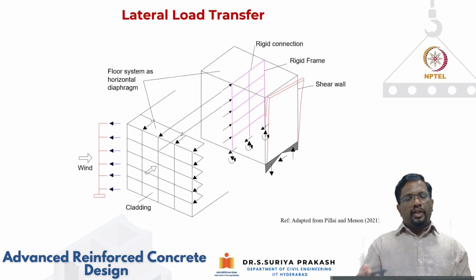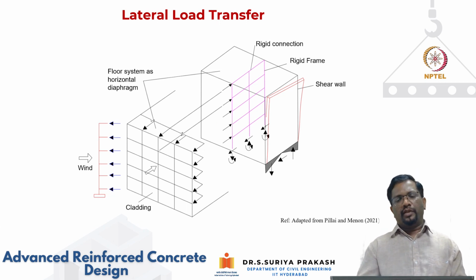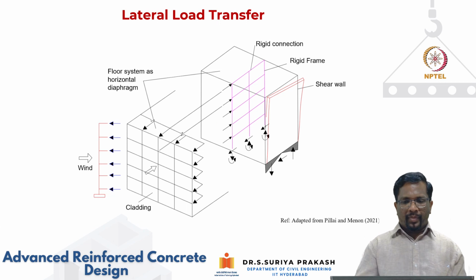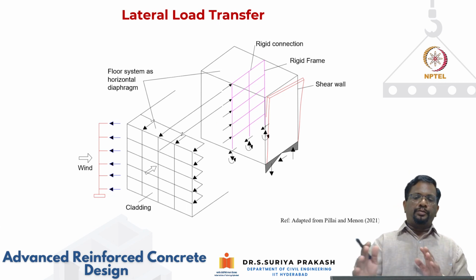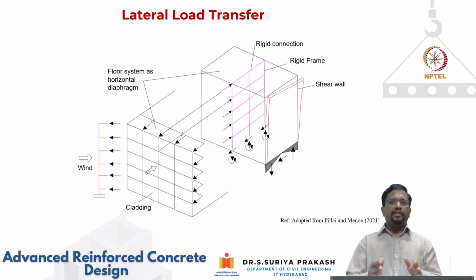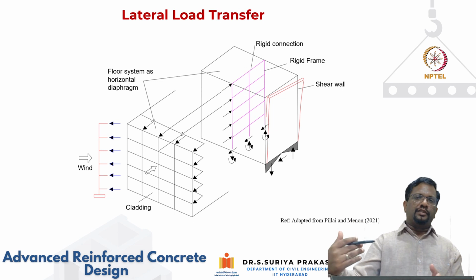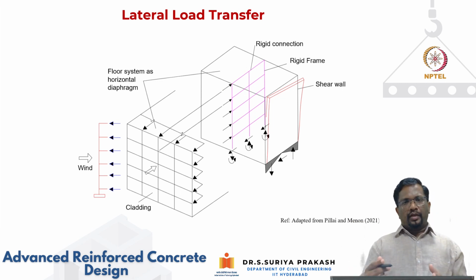Sometimes the same structural system does the work both as a gravity load resisting system and a lateral load resisting system. But sometimes we specifically design the connections in such a way that certain systems take part only in gravity load transfer, and certain heavier systems take care of the lateral load.